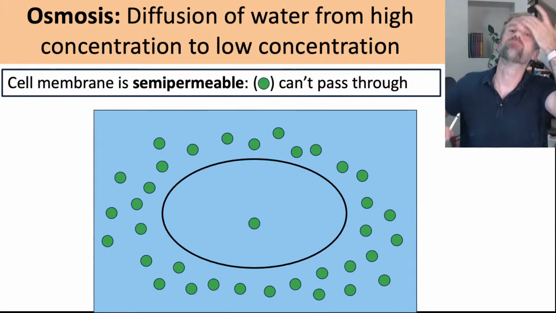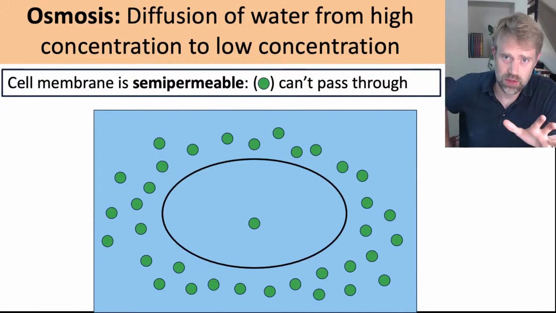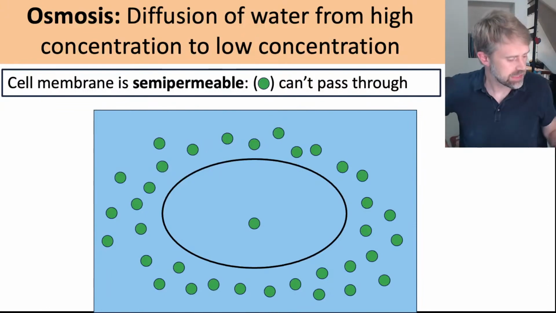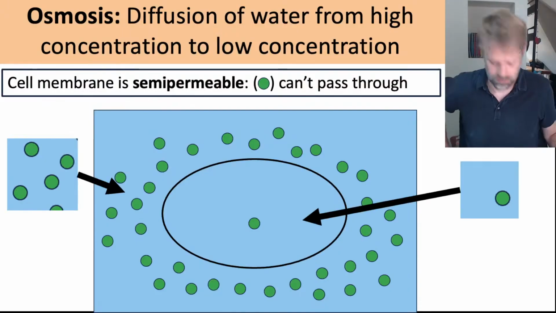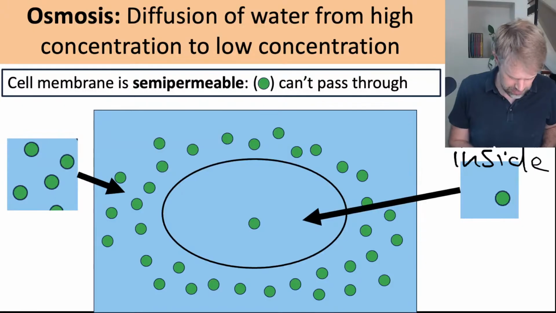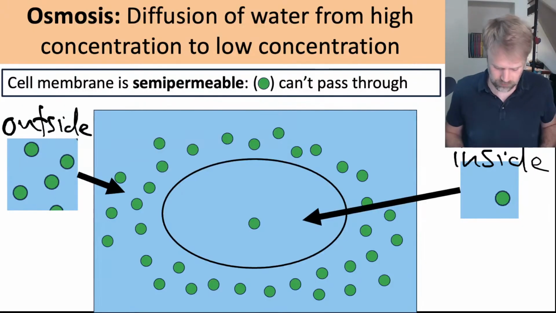Here we have an example of a cell. Look at this cell. We have a high solute concentration outside and a low solute concentration inside. Let's think about the concentration of solute and water inside and outside the cell. On the right-hand side, we have the inside of the cell, and over here on the left, we have the outside of the cell.